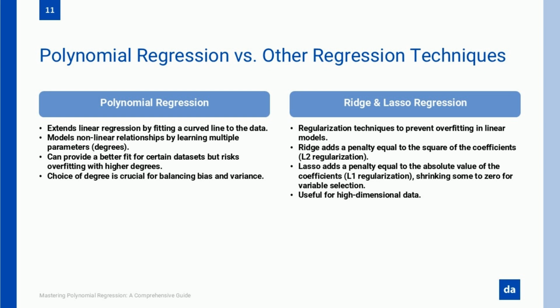Choosing between these models depends on the trade-off between flexibility and generalization. Polynomial regression allows for capturing intricate relationships, but must be used cautiously to avoid overfitting. Ridge regression provides a way to control complexity without eliminating features, while lasso regression goes further by removing irrelevant predictors, making it useful for feature selection.